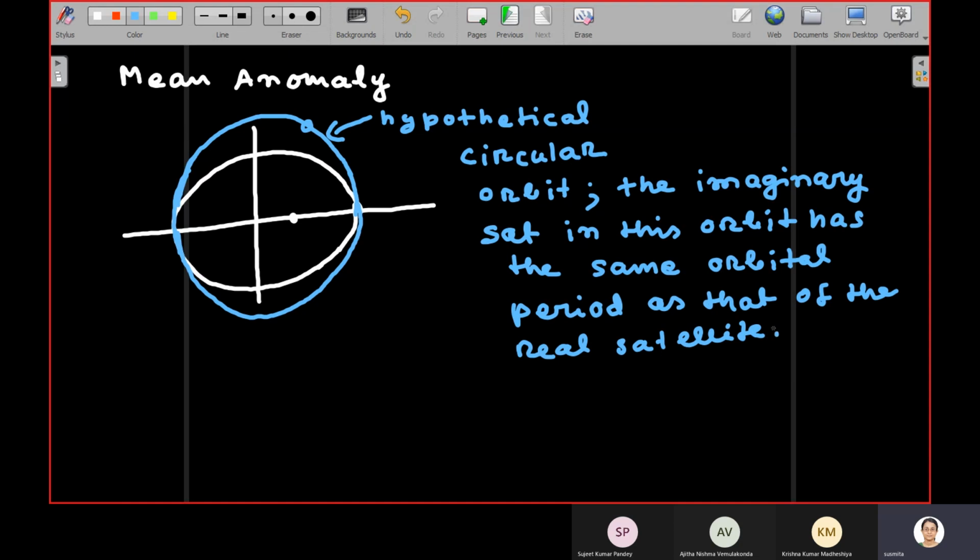Okay, and the radius of the circular orbit is the same as the semi-major axis of the real orbit.